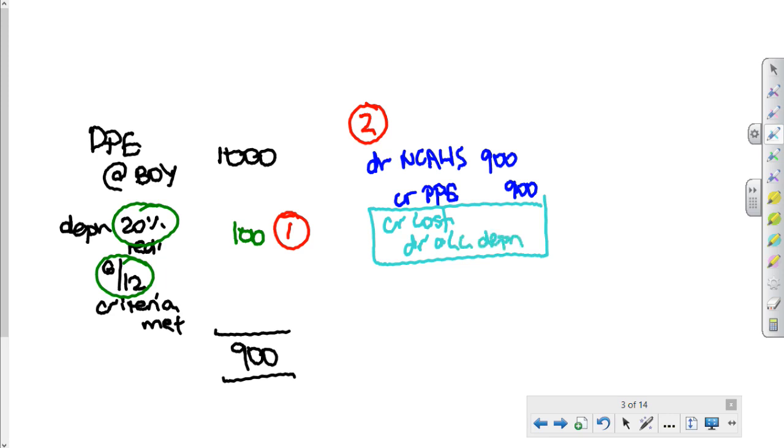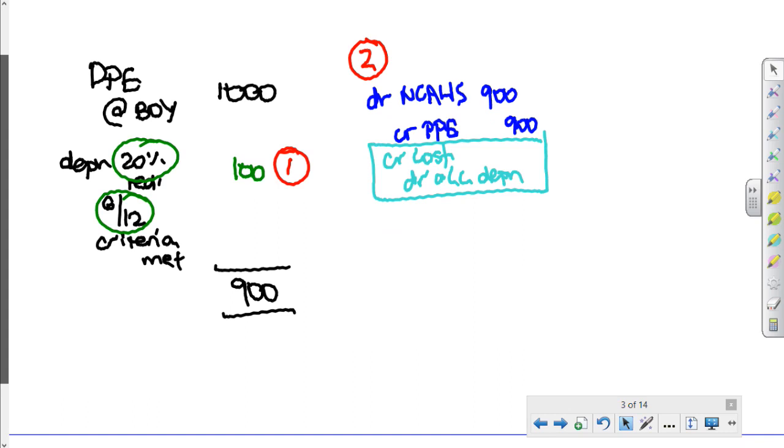I don't know how much was cost and how much was ACDEP, but when you're doing the journal entry, remember we have a cost account and an accumulated depreciation account, so you have to do the two pieces. So let's assume the original cost of the asset had been 2,000, it would be a credit of 2,000 and a debit of 1,100 to get the 900. So that's journal 2, or step 2.